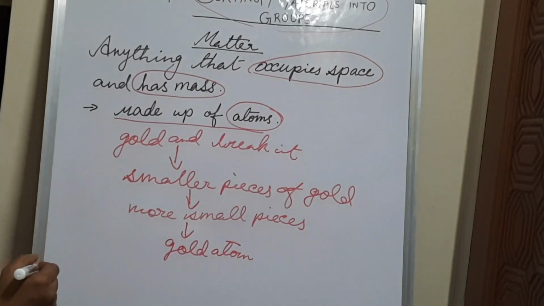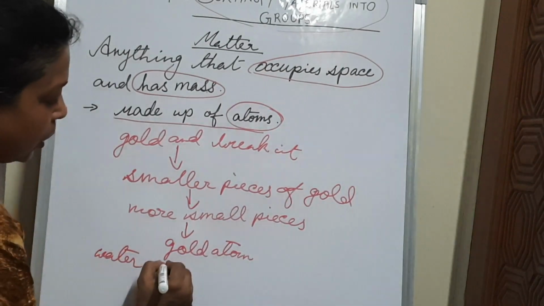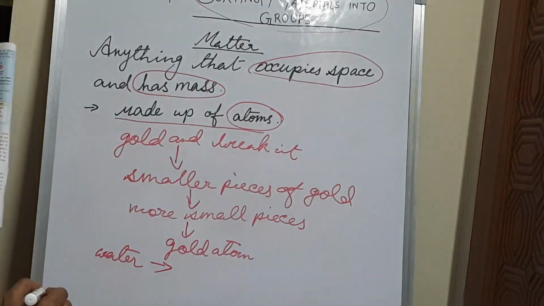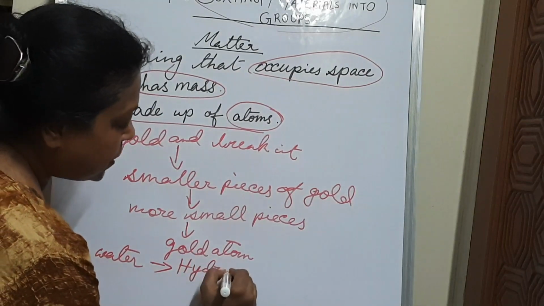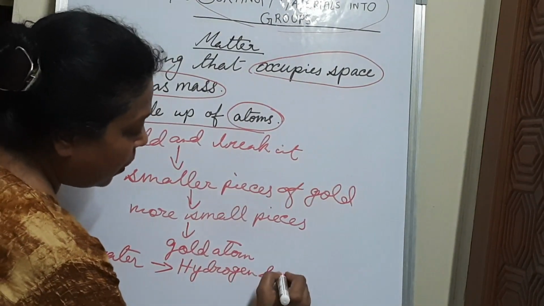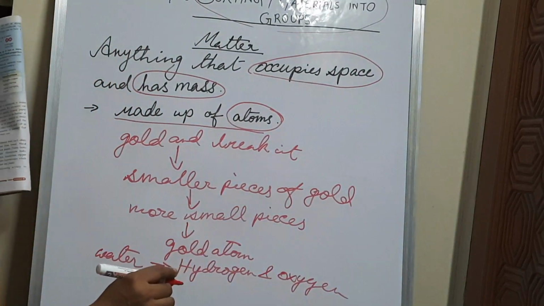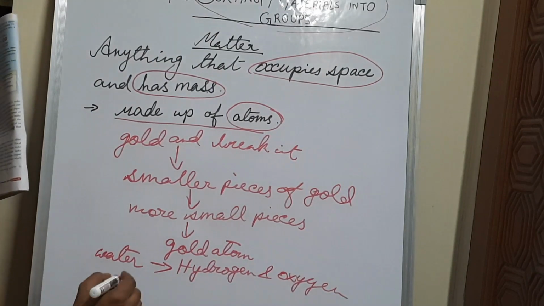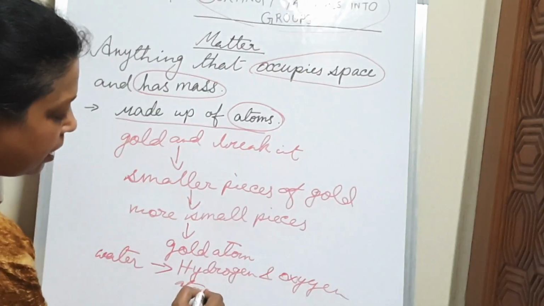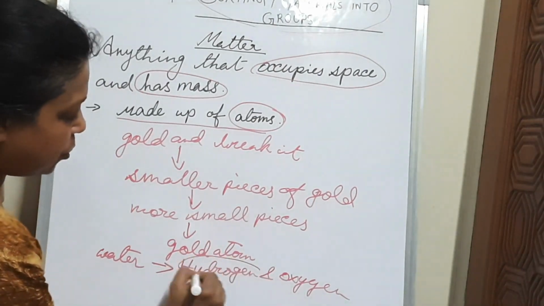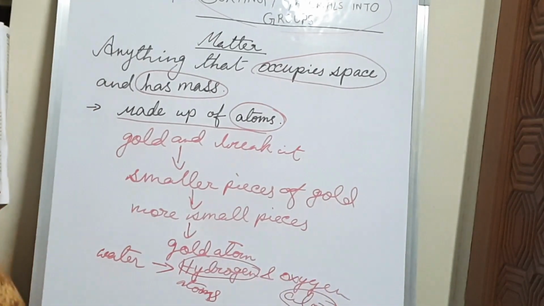Now, let us take one example, that is water. Water is made up of hydrogen and oxygen. So, we will say the water consists of atoms of hydrogen and atoms of oxygen.